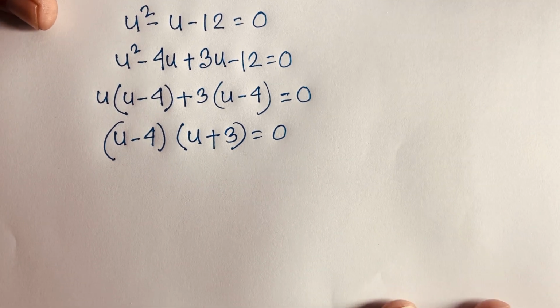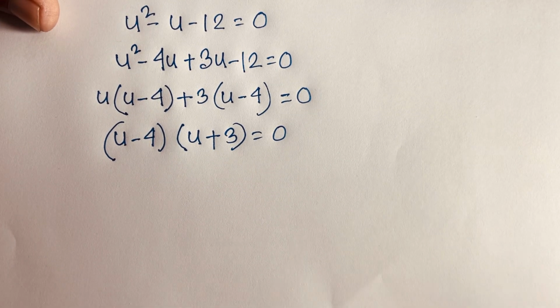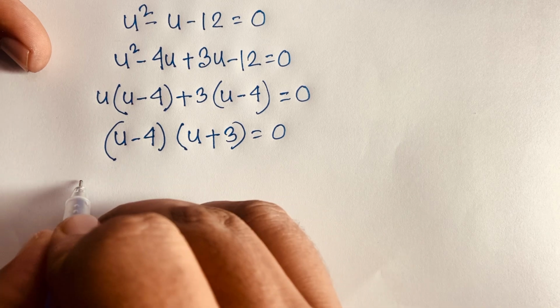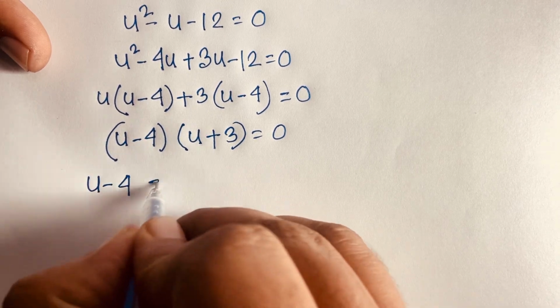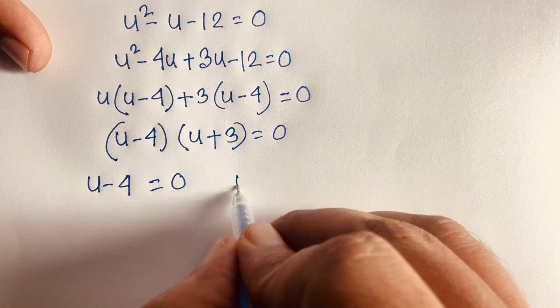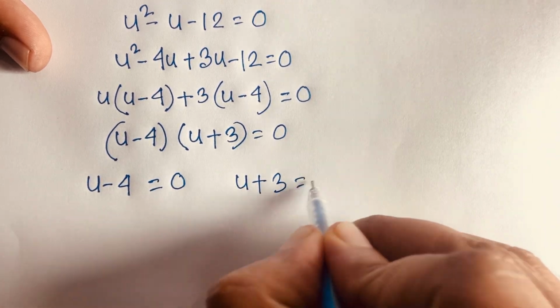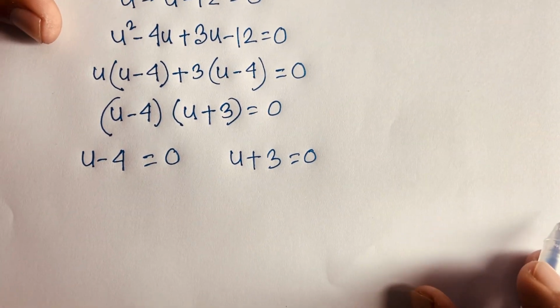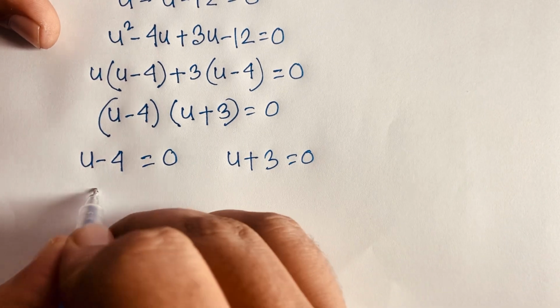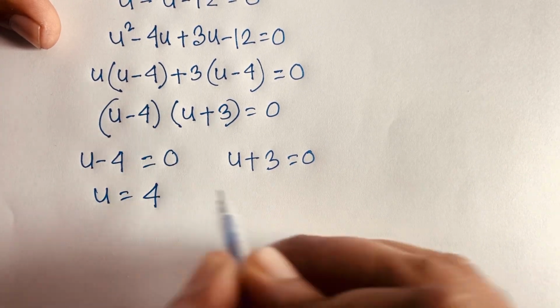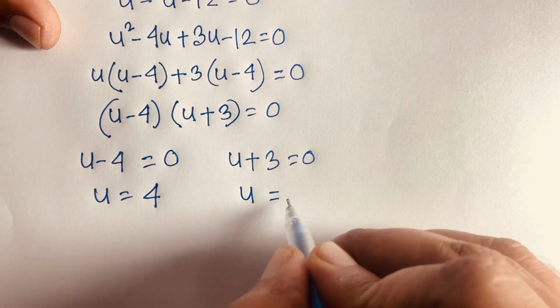So we find two cases: u − 4 = 0, and the other case u + 3 = 0. So u = 4 and u = −3.